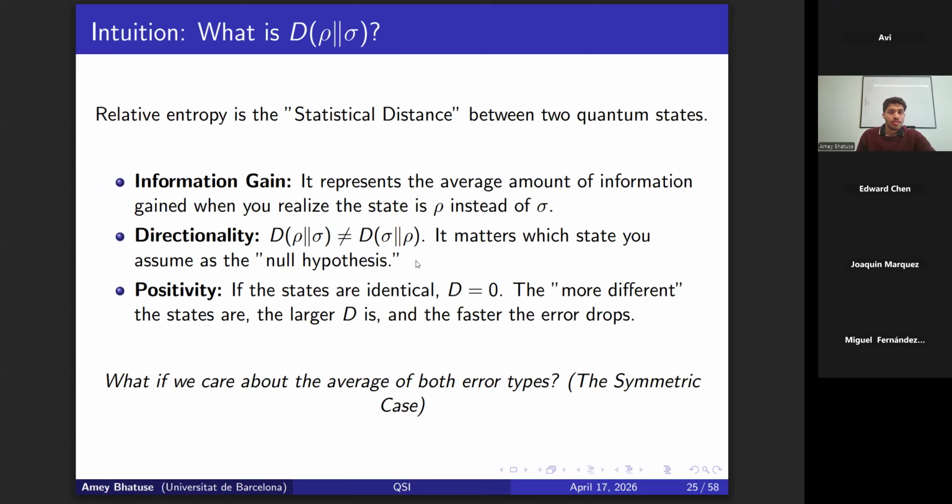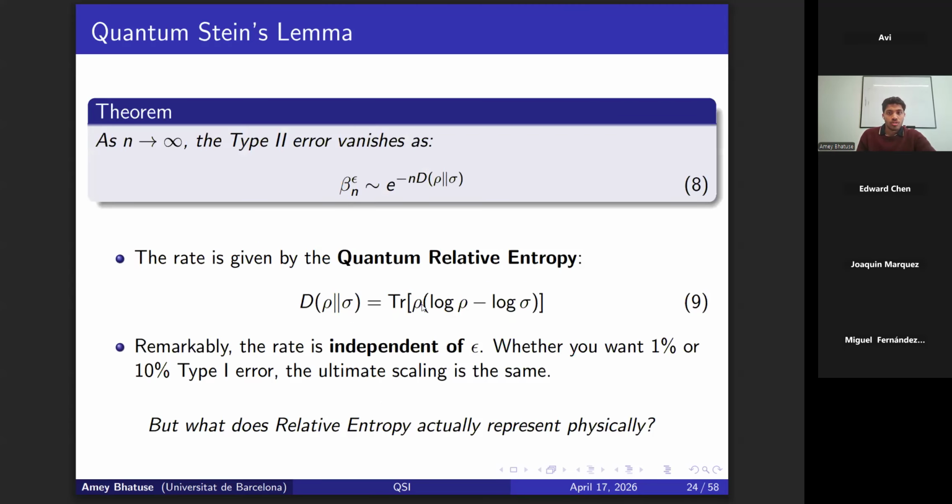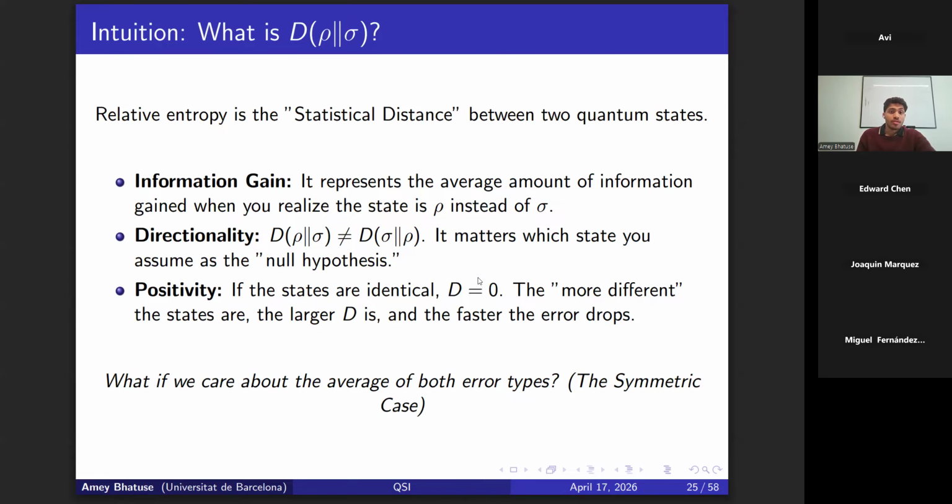There are a few caveats here: it's not symmetric, because if you just change the positions of rho and sigma, you can see with basic algebra that it's not symmetric. So it matters which state you assumed as your null hypothesis, H0, the first state that you assume to be there.